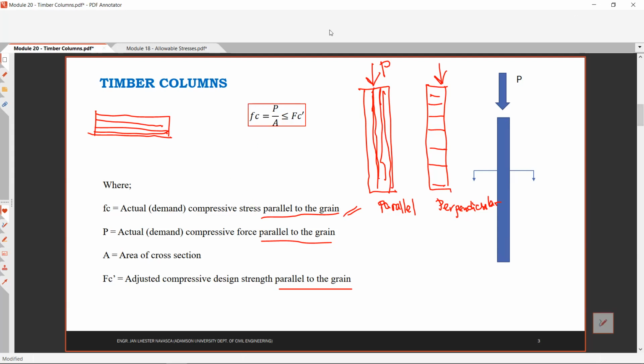That is the timber column orientation. So the working formula is the actual demand compressive stress equals force over area, shall be less than or equal to the adjusted compressive design strength. Always parallel to the grain.